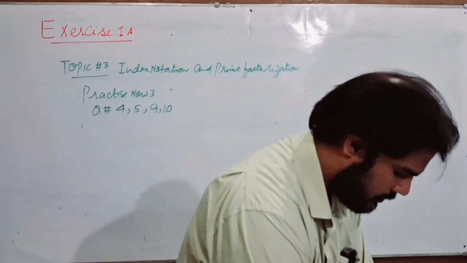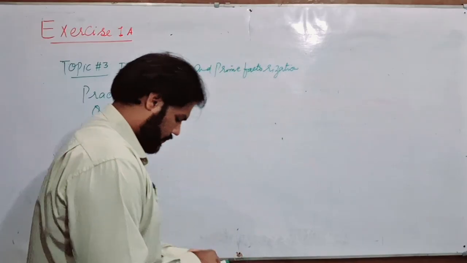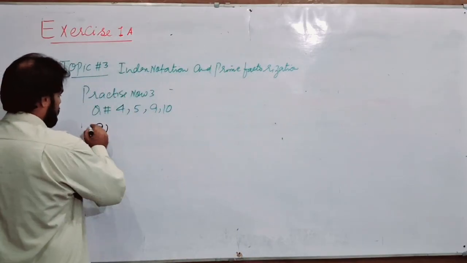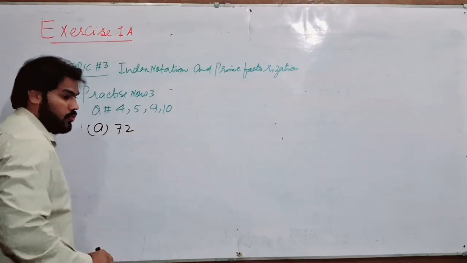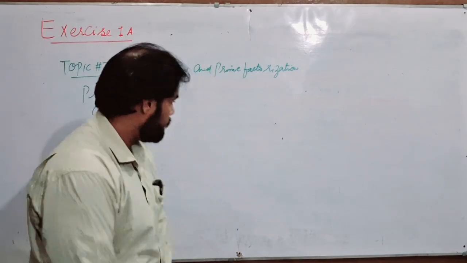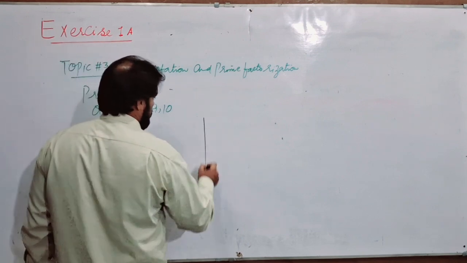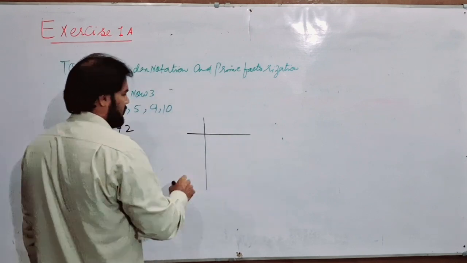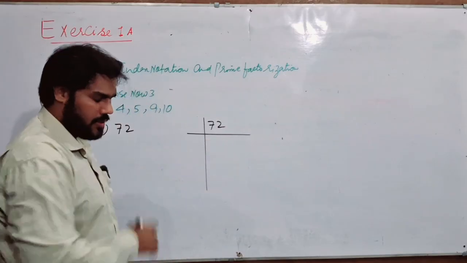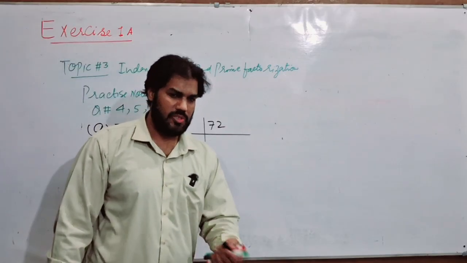Your first number is 72. We start with a simple example. Your number is 72. You have to make its prime factorization and leave your answer in index notation. We will use the division method to make its prime factorization. As 72 is an even number, it must be divisible by 2.